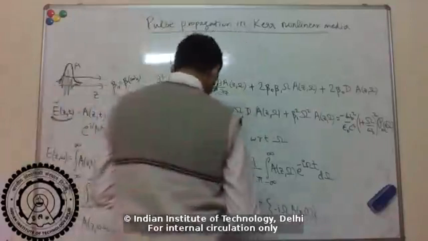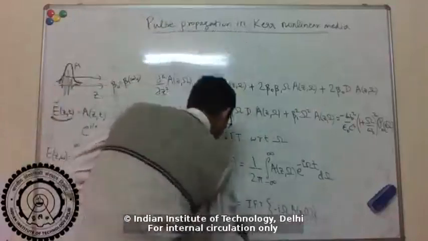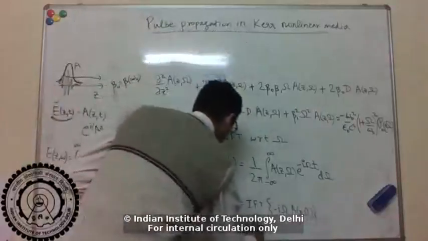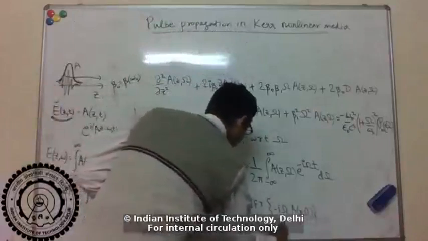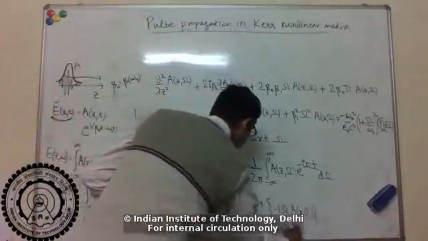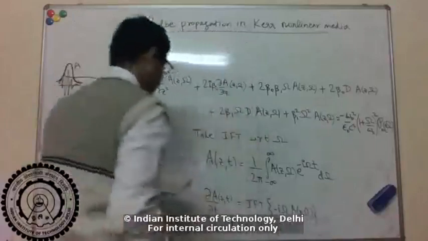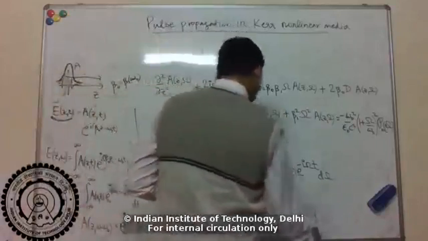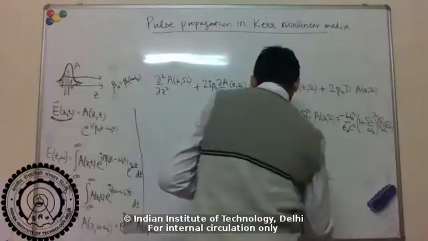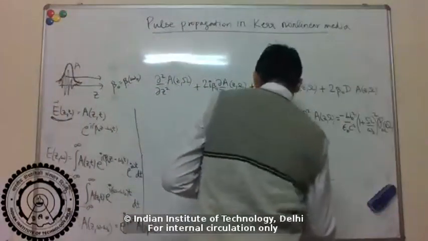So in general, when I take the inverse Fourier transform of the nth power of omega times a function, then I'll get the derivative n times, right?